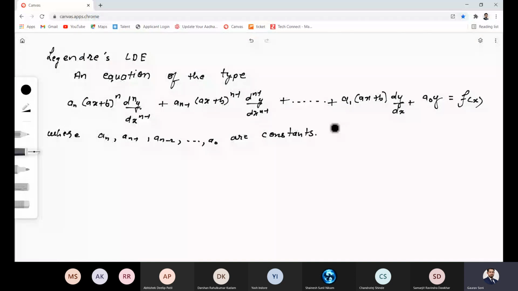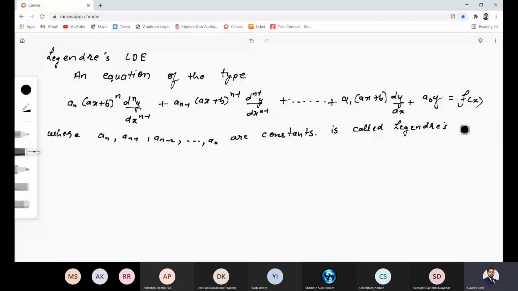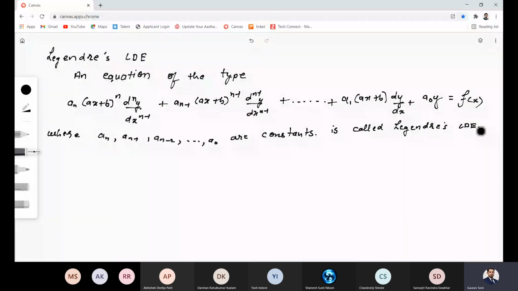Is called Legendre's linear differential equation. What is the difference between Cauchy's and Legendre's? You have the definition for Cauchy.